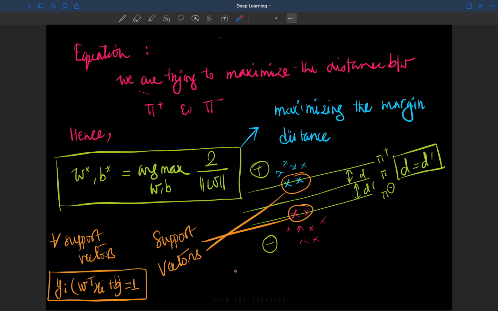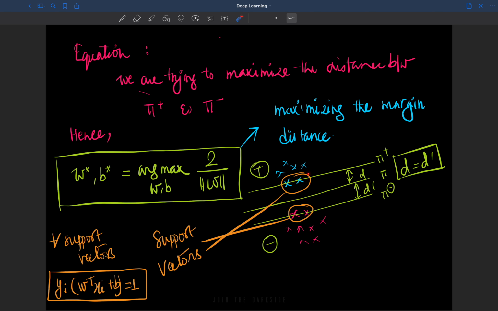So why is it called support vectors? Because our pi plus and pi minus pass through the points that are closest to the main hyperplane, that is pi. These points which are closest, and which the two other planes, pi minus and pi plus, pass through, are known as support vectors, hence the name support vector machines, SVM.